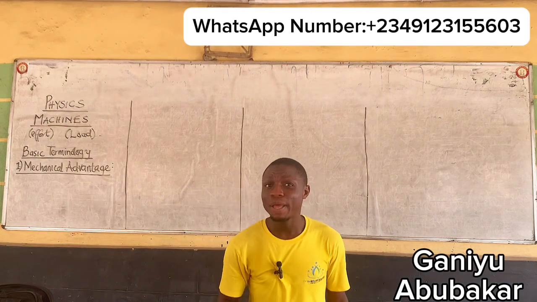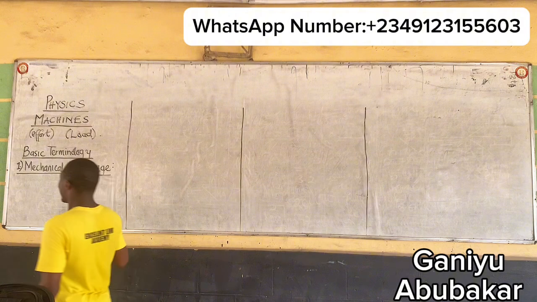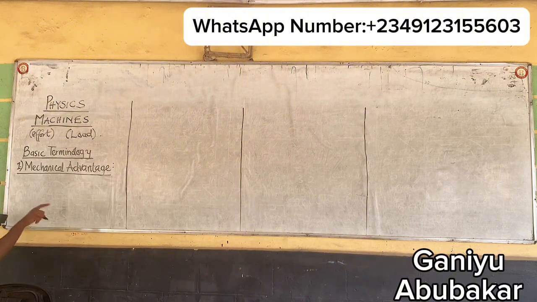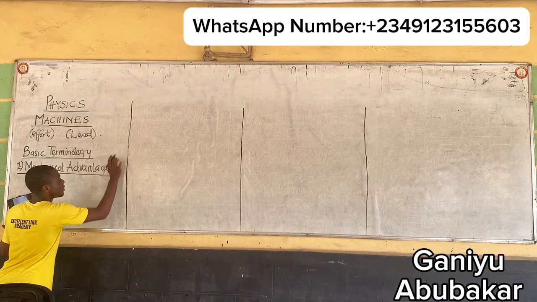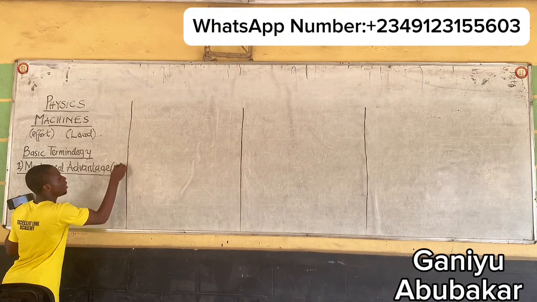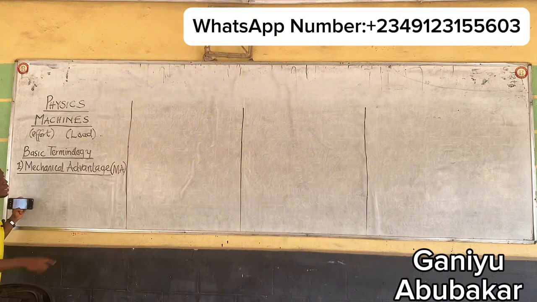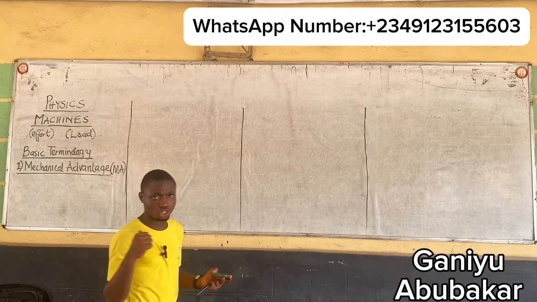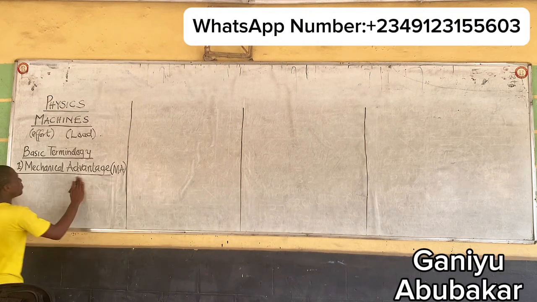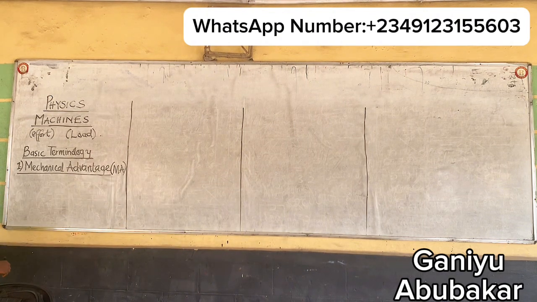Now we said mechanical advantage is also called force ratio. Why force ratio? Bear in mind that mechanical advantage is abbreviated as MA. MA is the symbol for representing mechanical advantage. So mathematically, I will show you why we call this force ratio. Let's look at the mathematical expression for mechanical advantage.